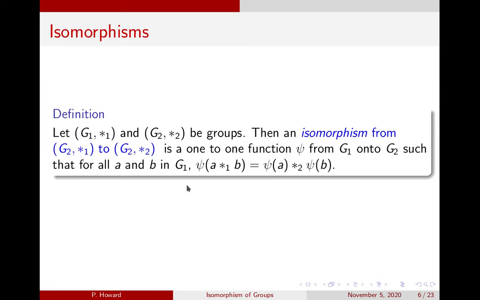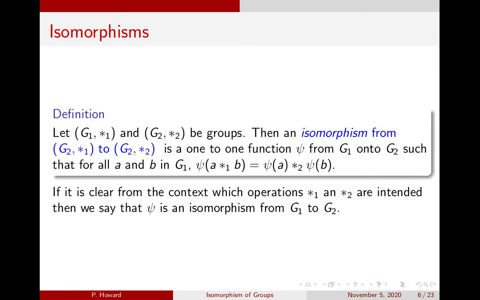I want to emphasize the word onto here, such that for all A and B in G1, psi of A star 1 B is psi of A star 2 psi of B. So an isomorphism has to be one-to-one. It has to be onto G2, and this equation must hold for every pair of elements A and B in the group G1. This is usually known as the isomorphism equation.